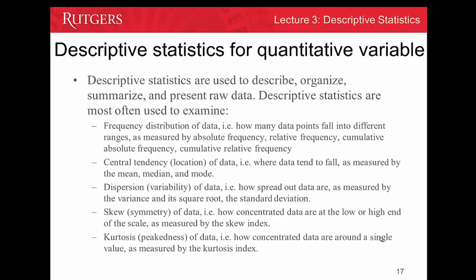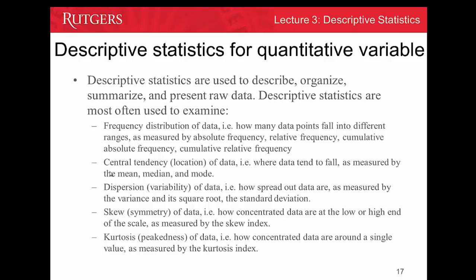Here we have more descriptive statistics for quantitative variables. Now it includes the frequency distribution of data, just what we discussed for the qualitative data. But there are several other kinds of frequency, including the cumulative absolute frequency and cumulative relative frequency, which we are going to discuss later.